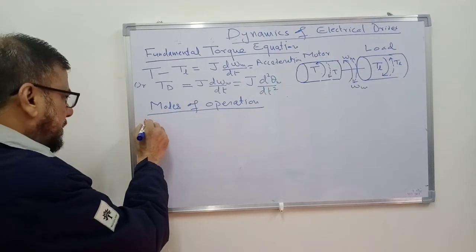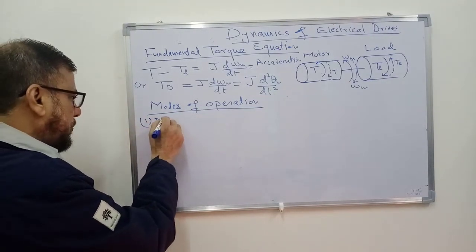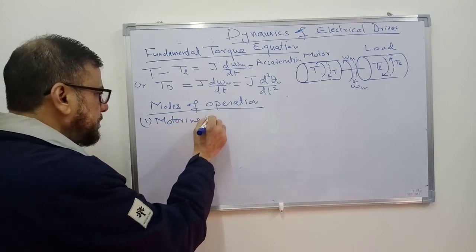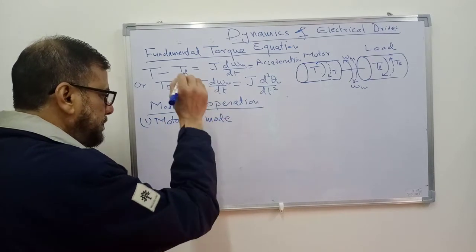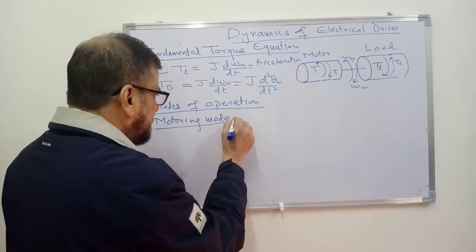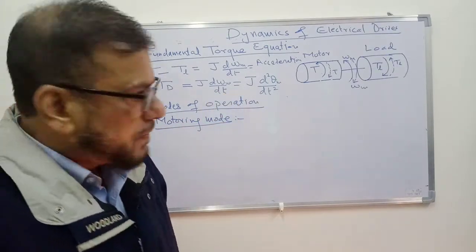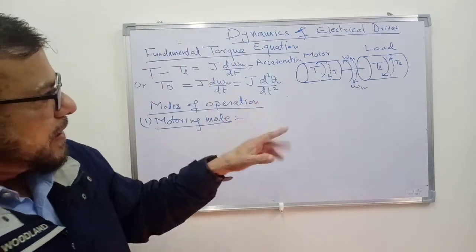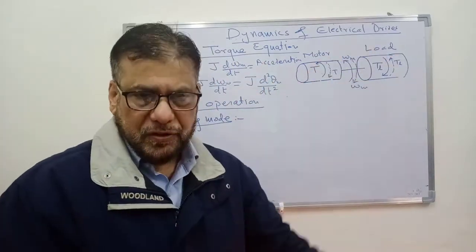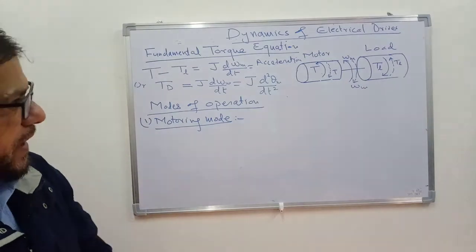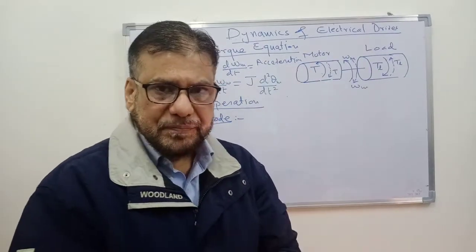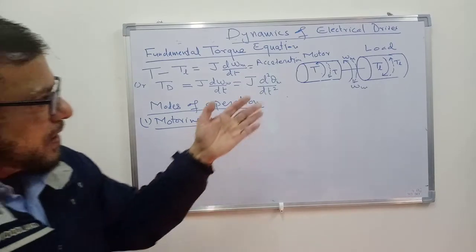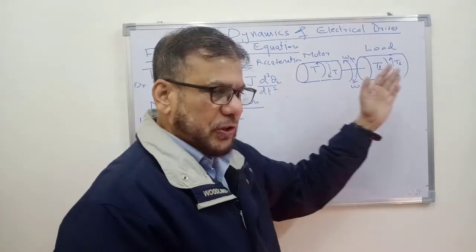First is motoring mode. In motoring mode, the motor develops a torque and the motor runs in the direction of torque, and the load torque opposes the motion. So this is called motoring mode, in which energy flows from motor to load.